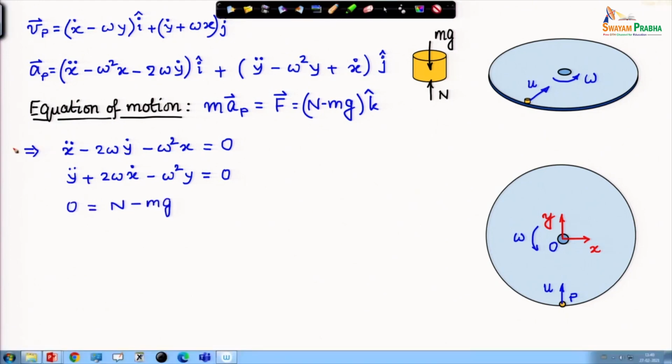This is the i cap component, this is the j cap component, and this is the k cap component. Since there is no acceleration in the k cap direction, it is only balance of force. What it tells us is the normal reaction is equal to the weight. Now, we have these two dynamical equations, which will tell me how the particle is moving on the disk.